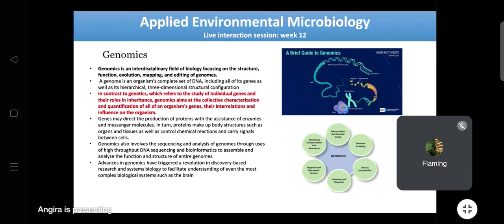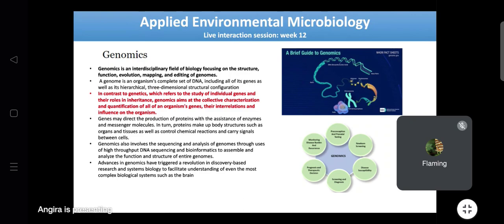Okay, so the genes may directly lead to the production of proteins with the help of enzymes and certain messenger molecules, and we know that these proteins will be used up by the body such as organs and tissues to control different kinds of chemical reactions and to carry signals in between the cells.